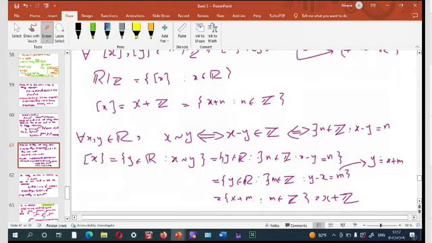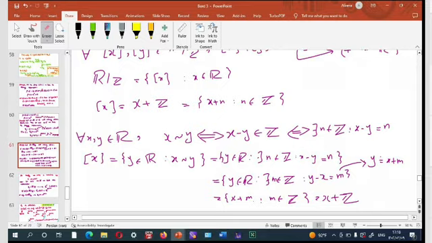There exists an integer number m such that y minus x equals m, so that this y can be written in this form, x plus m, the set of all x plus m such that m belongs to Z, and this is x plus Z.